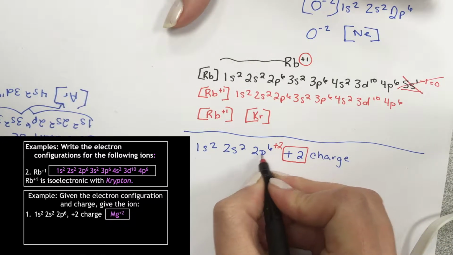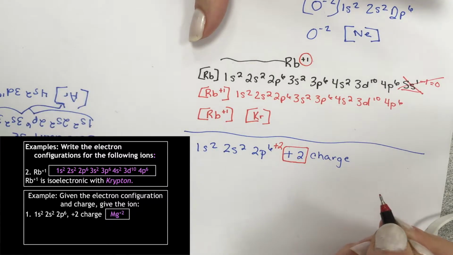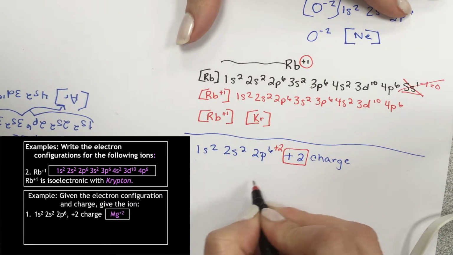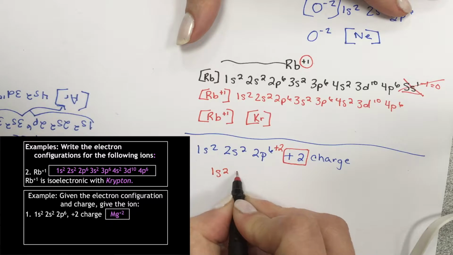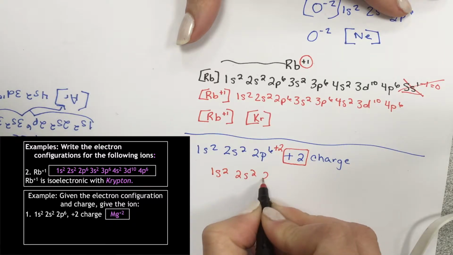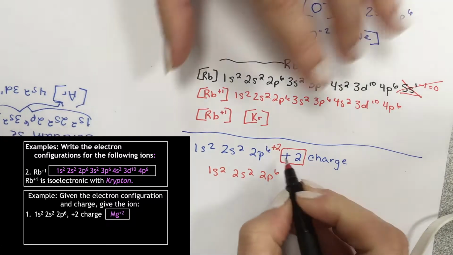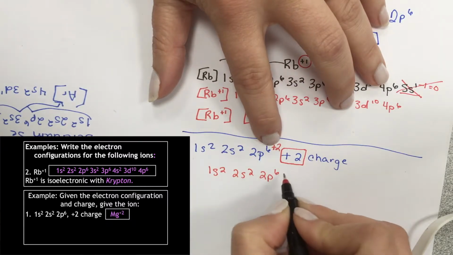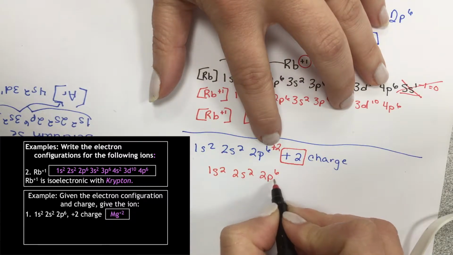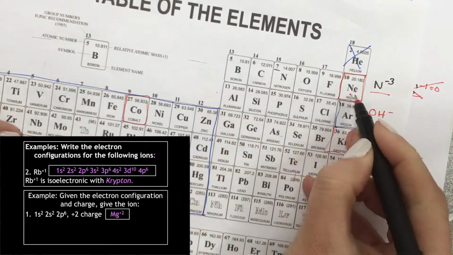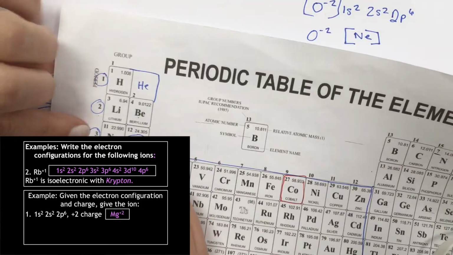So 2p6, there is no 2p8, right? So you actually have to add an energy level. So it's 1s2, 2s2, this doesn't change. 2p6, that's still there. But we have to add 2 electrons, right? So what's after 2p6? 3s1, 3s2, so 3s2.